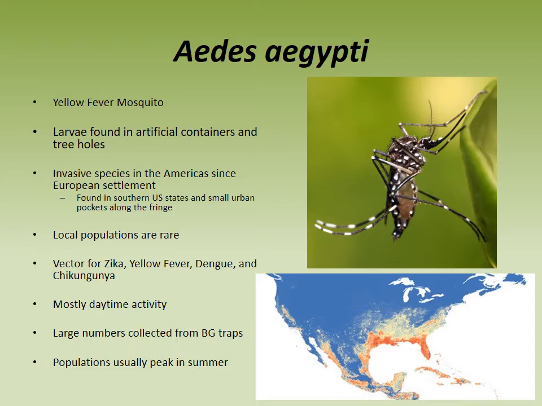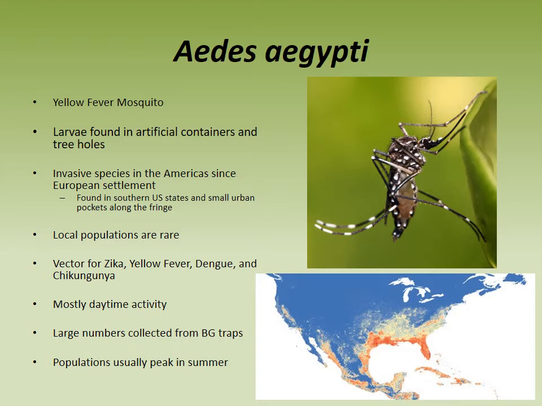Albopictus is kind of an opportunistic feeder, feeding on lots of other mammals that are present, whereas aegypti tend to feed more on humans. And so these diseases are human-to-human diseases, so it's being taken from a human and then spread to more humans. They are also mostly daytime activity biters.